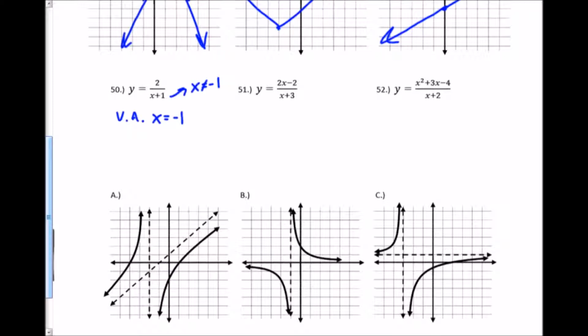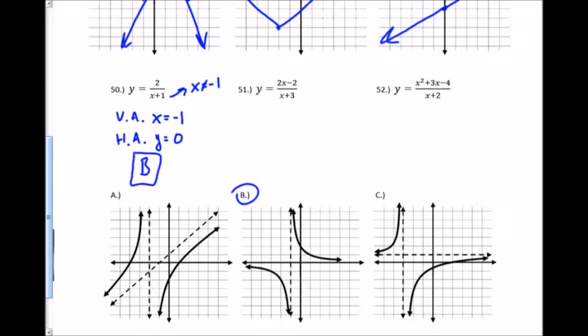It's also going to have a horizontal asymptote at y equals 0. And that's because the degree of the denominator is larger. And that's essentially enough information to narrow this thing down. The only one that has those two x-intercepts, and then I can plug in some values to check this, is letter B. So this one, number 50, is letter B, and that's it.